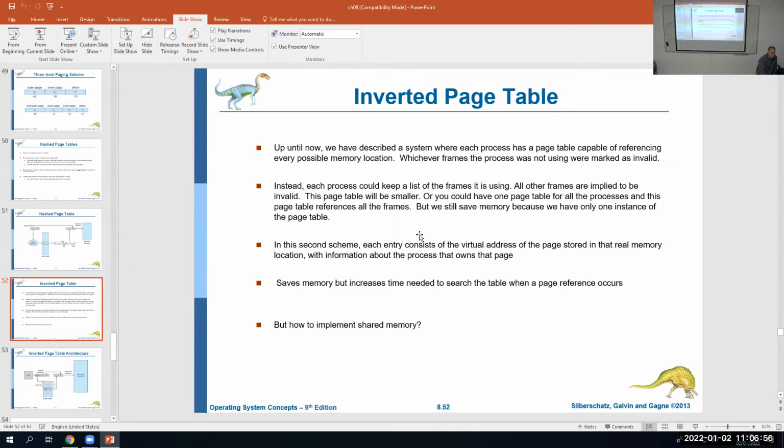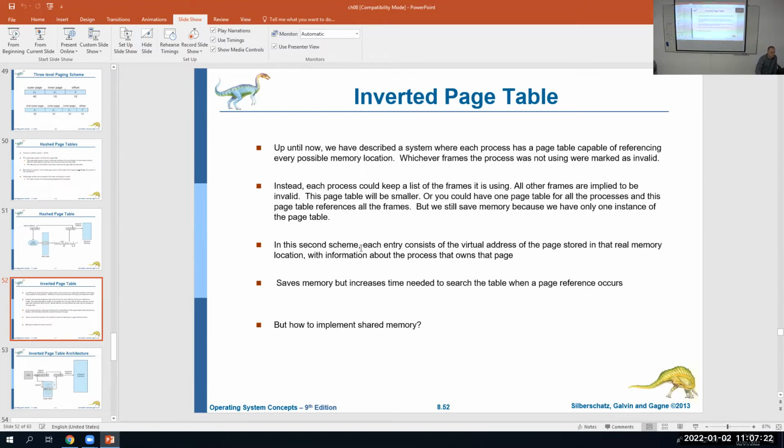But we still save memory because we only have one instance of each page of the page table. In other words, let's have one page table for the whole system, with one entry for every frame. But then what will we lose? We'll have to say this is for process 1, process 2. On the row, it'll have to be labeled which process. What else? All right, let's stick with the first idea, that for each process, we keep a list of what it is using.